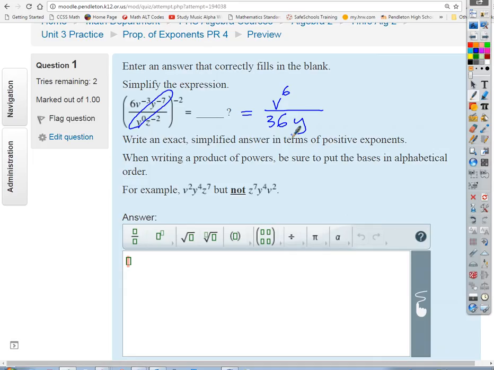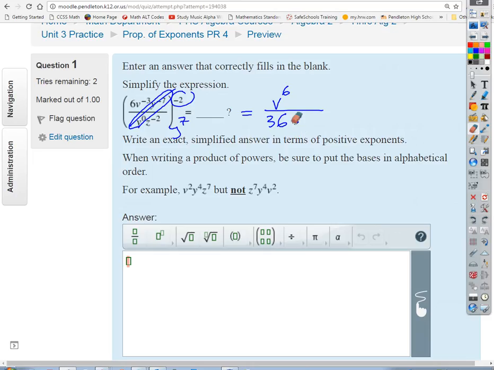Well, actually we haven't distributed yet, right? Before we distribute, on the bottom we're going to get a y to the 7, right? So the intermediate step is we get a y to the 7th on the bottom, but then we're going to distribute that negative 2, which does what? Good, which makes it negative, so it sends it back to the top.